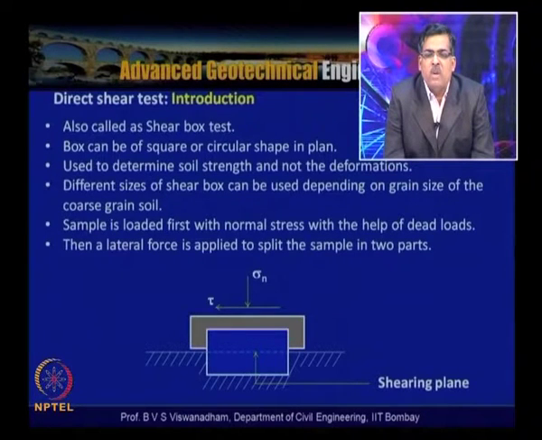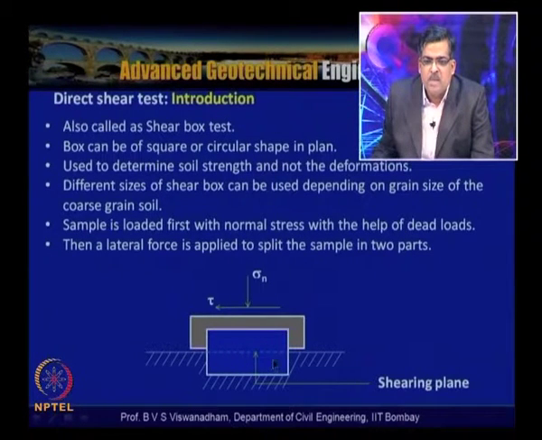Then the particular material can be kept at the bottom, a dummy block can be placed, and the required interface surface can be put, and then the required soil which is to interact with the particular surface can be placed.